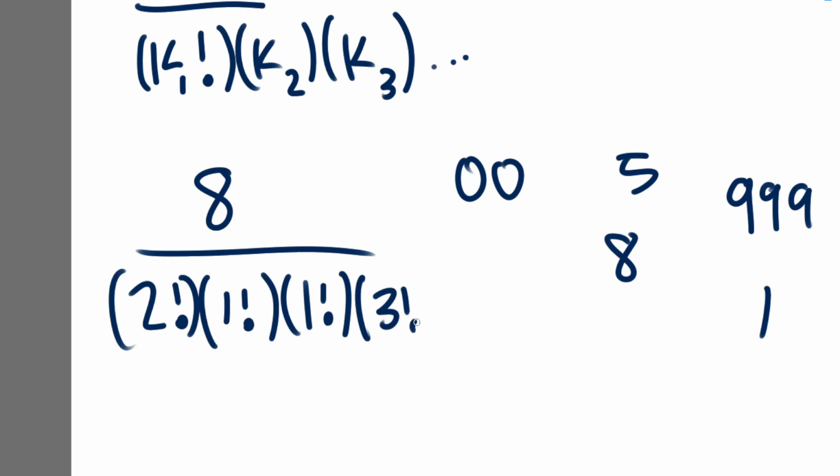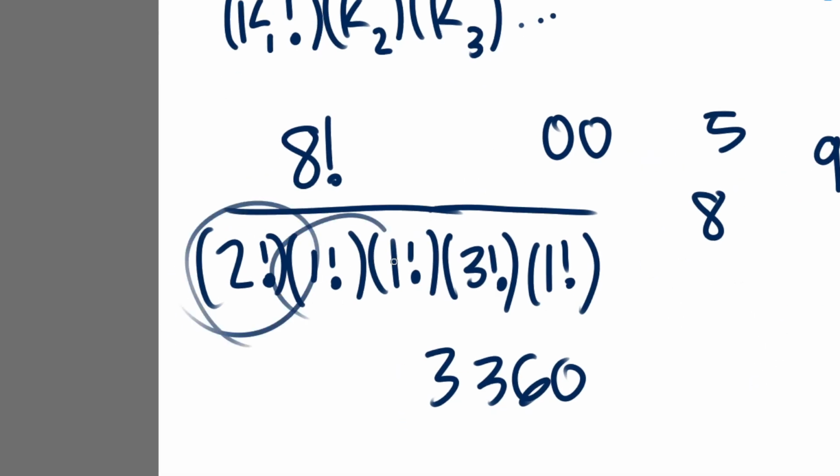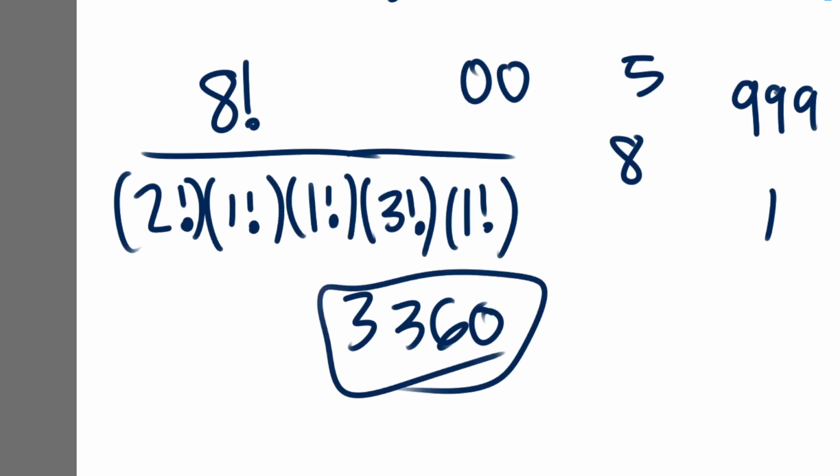And I don't remember if I said 1 5 or 1 8 or 1 1, but there should be 3 1 factorials on the bottom. And this top should be 8 factorial, and when we calculate that, that should give us 3,360. We're basically saying how many times it occurs for each of our things. So our answer is 3,360.